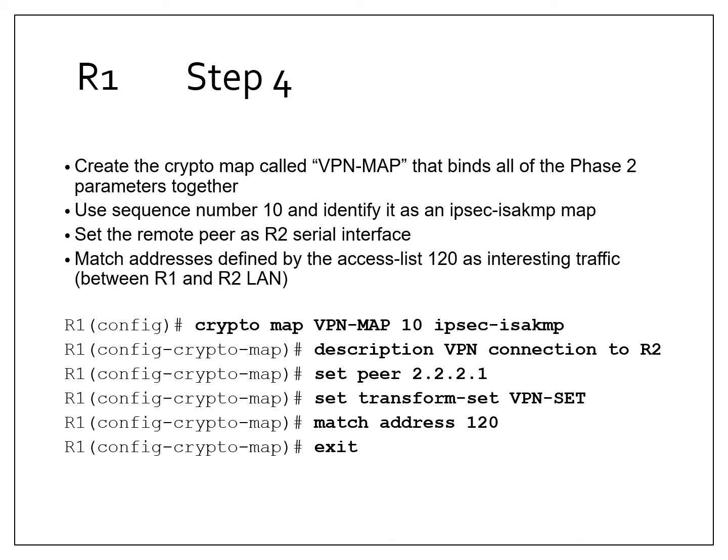We'll give it a description, and we set the peer 2.2.2.1, which is the IP address of the serial interface on router 2 at site B. We say set transform-set VPN-set, which we defined previously. Then we say match address 120, and this is the access list we defined previously with the interesting traffic.